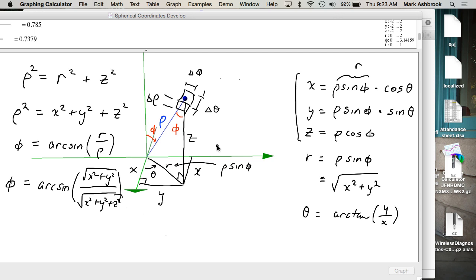So delta rho is fine. That's a distance. We're good. So what is the distance associated with a change in angle theta? Right? A change in the angle theta results in what distance? What little change in distance?